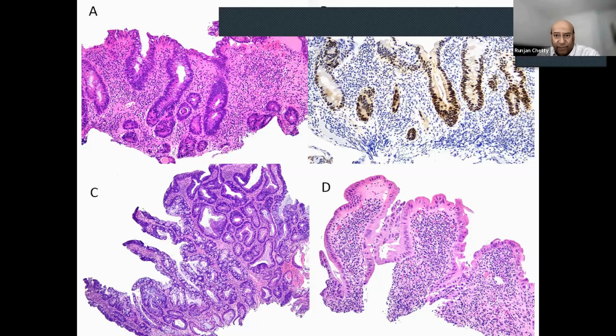So I would recommend the use of p53 in these scenarios where you have some inflammation and you're really questioning whether there is concomitant dysplasia. Do the p53, and if it's really dark and strongly positive, you can feel confident that there is dysplasia.